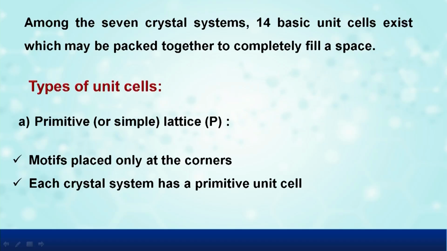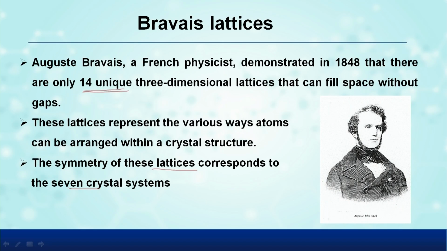So, among the 7 crystal systems, 14 basic unit cells exist which may be packed together to completely fill a space. So, these 14 unique cells or unique 3-dimensional lattices are referred to as the Bravais lattices. Okay.